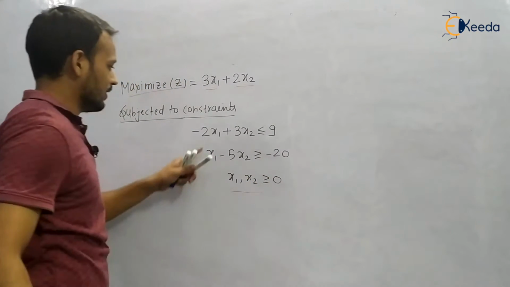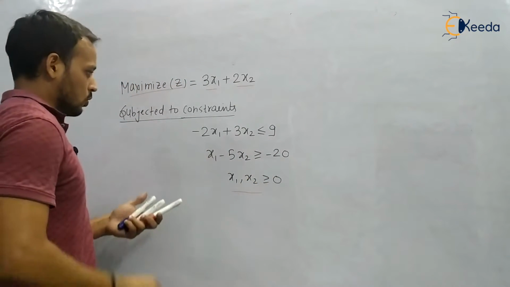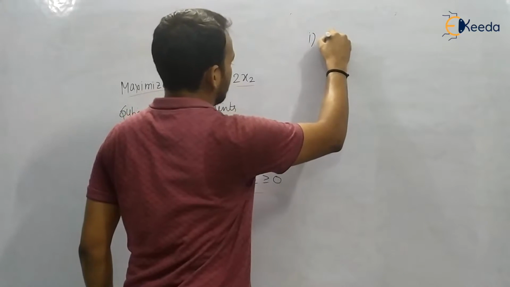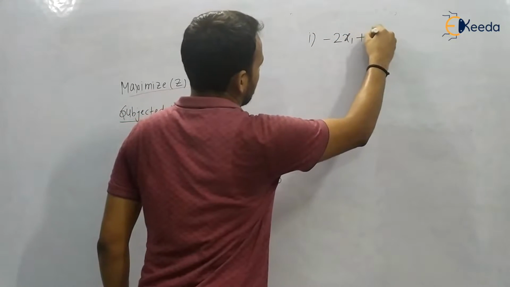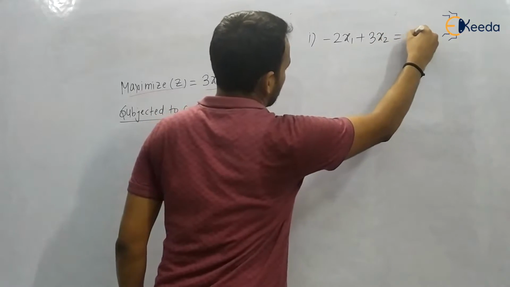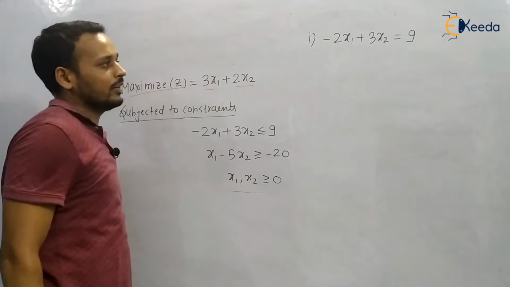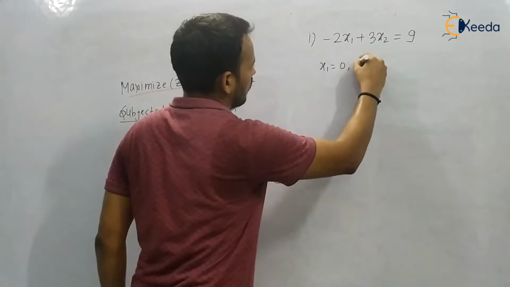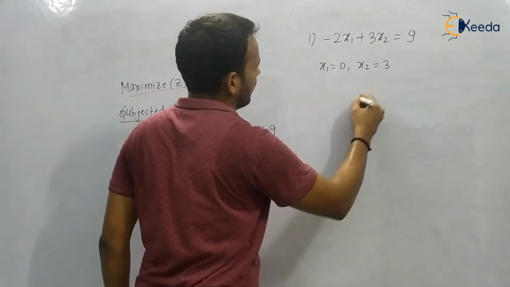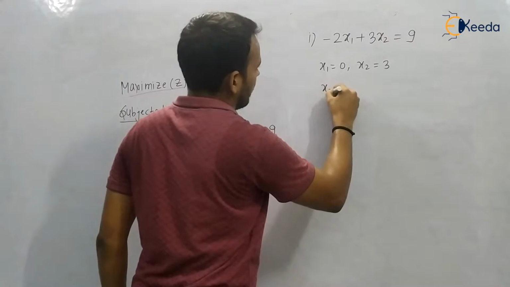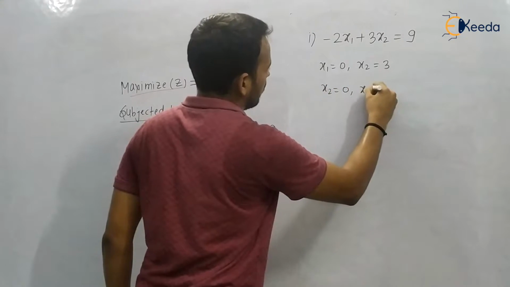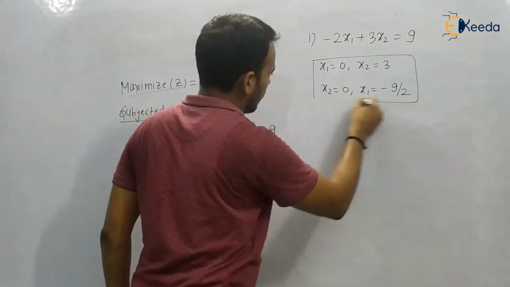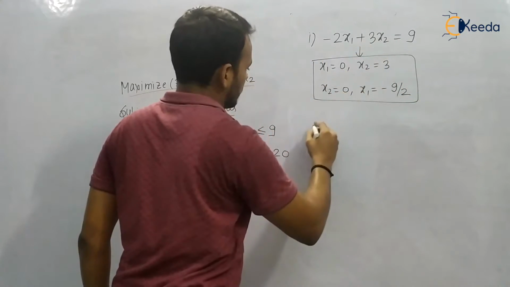The first constraint is -2x1 + 3x2 <= 9. Convert it into equality type. For x1 equals 0, x2 is going to be 3, and for x2 equals 0, x1 is going to be -9/2. So we have got the coordinates from the first constraint.